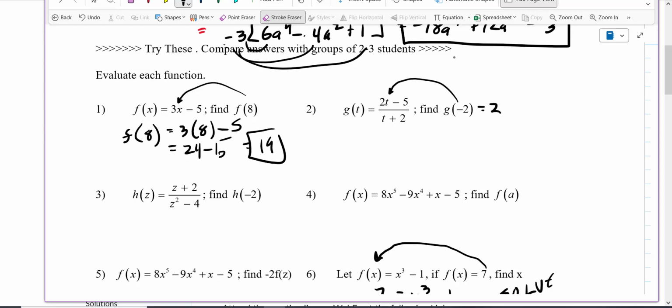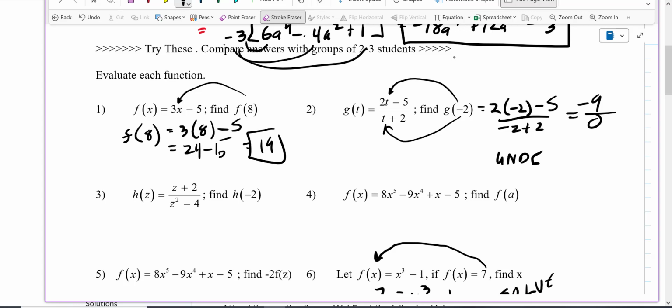You're going to have 2 times -2 minus 5 over -2 plus 2. Now, if you see that that's a 0 denominator, then you can stop the problem, right? It doesn't matter that the numerator is going to give -9. So this one is undefined. So if you divide by 0, that means that if t is -2, then you have no answer to the function. Okay, so that's how that goes.